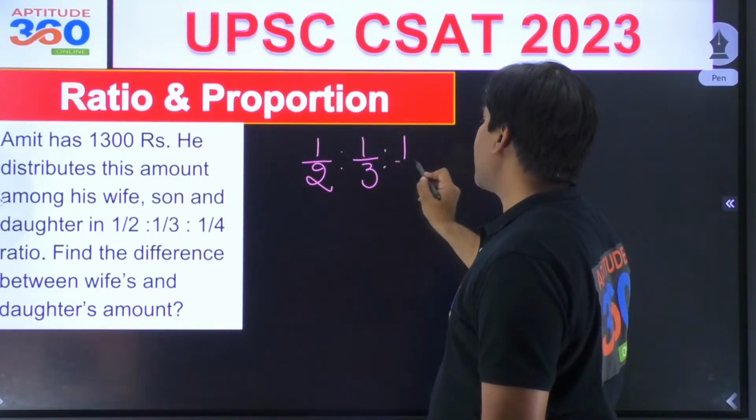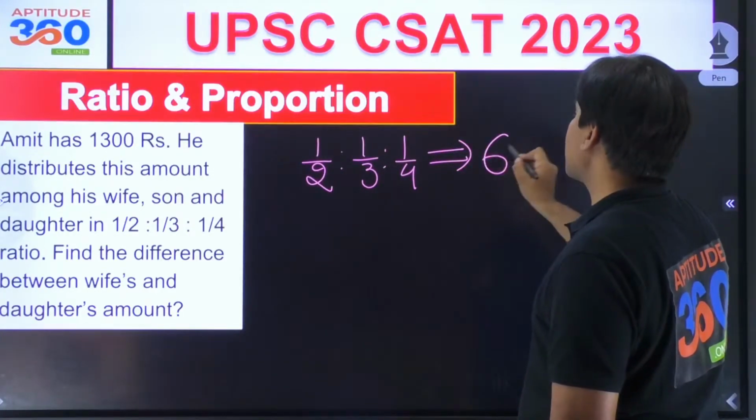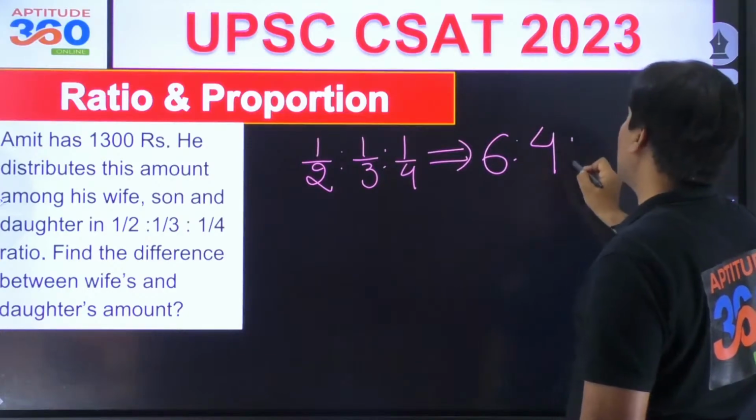एक तो चीज आपने अभी अभी सीखी कि this can be written as what? 6 and 4 and then 3.